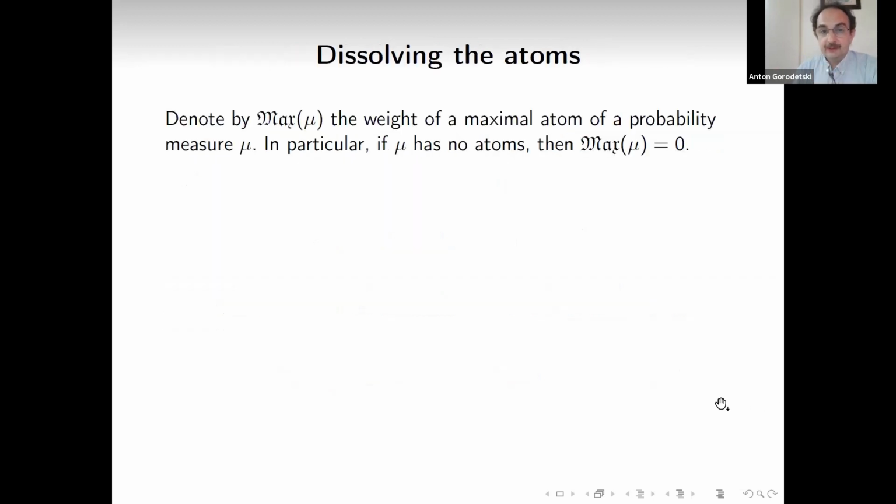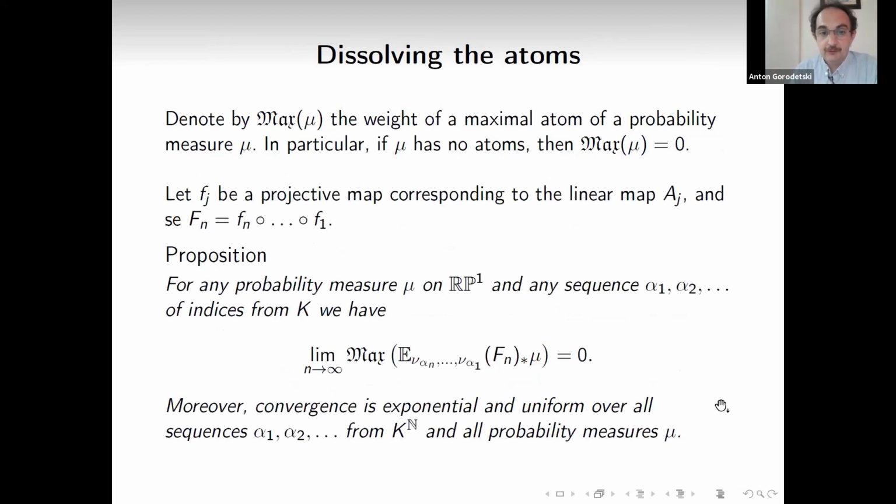So the way to deal with that is the following. First of all, if we have any measure, we can define a function which is just the weight of the maximal atom of that measure. Then we will start with any measure on the projective space, and we start to choose our matrices and act on that measure by each of the matrices from our random sequence, and each time we average the image.